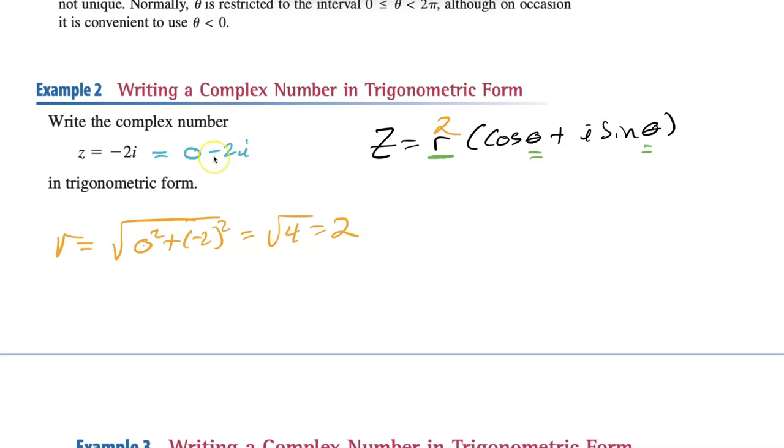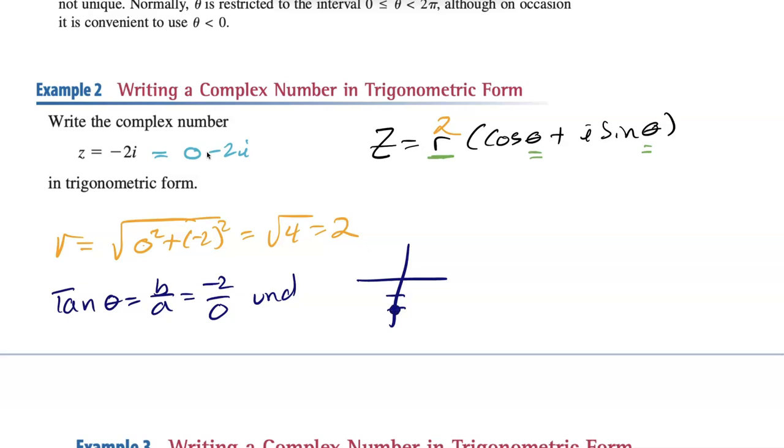And then to find the angle, we're going to do tan theta equals b over a. So in this case, that's going to be negative 2 over 0. That's undefined. So how do we do this? Well, let's draw. Where is negative 2i at? Negative 2i is down here, because it's 0 on that way.